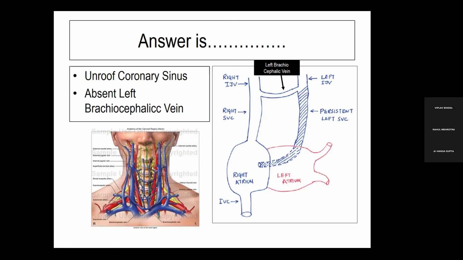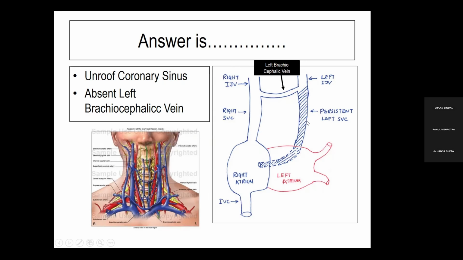Correct? Now I gave a contrast to the left hand. All of the contrast came to the right atrium. No, it did not come to the right atrium. It came into the left atrium. And again, there was no contrast seen immediately in the right arm. It means the brachiocephalic vein was absolutely absent. Now this contrast came to the left atrium first.